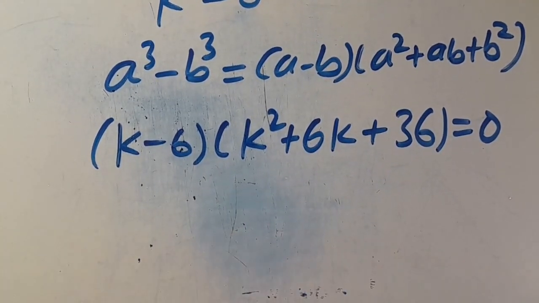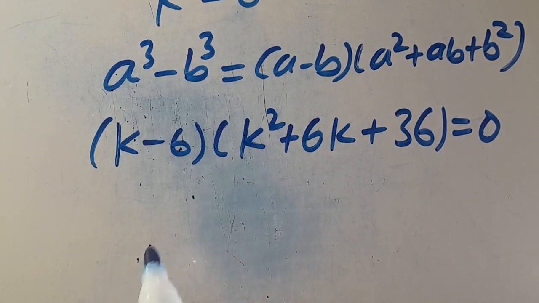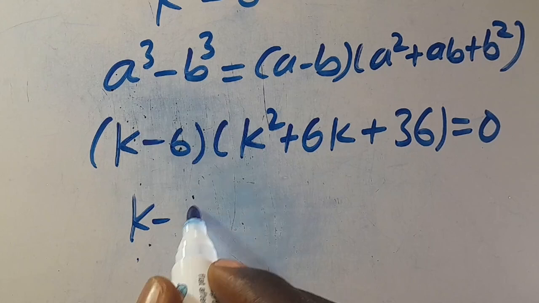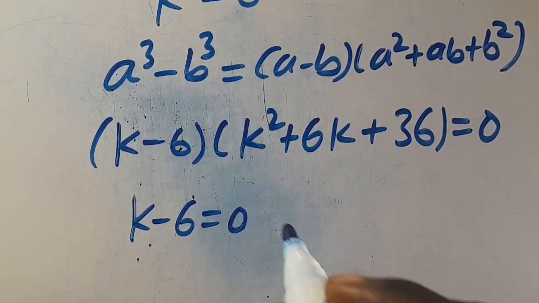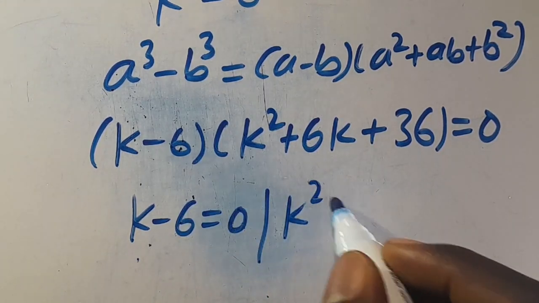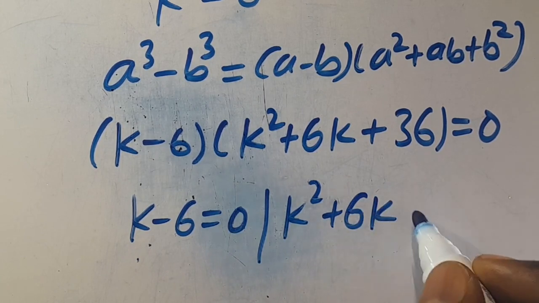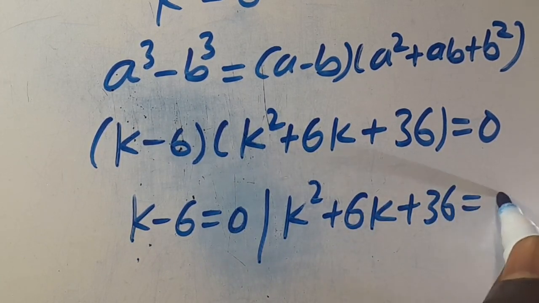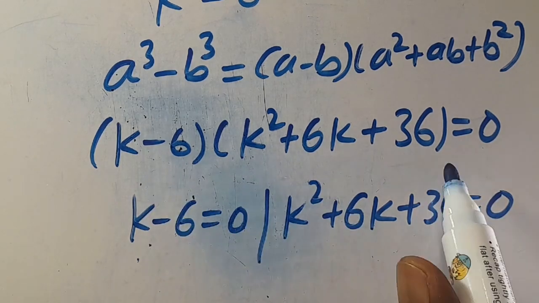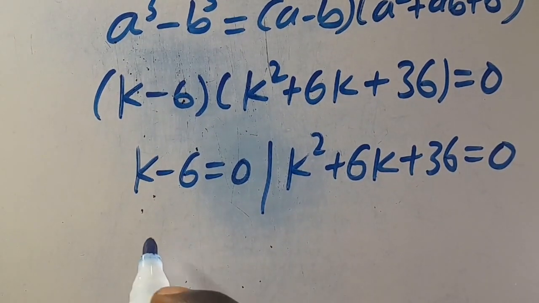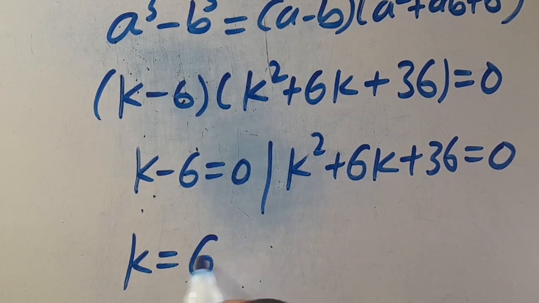From here, either we have k minus 6 equals 0, or we have k squared plus 6k plus 36 equals 0. For the first expression, we have another solution, k equals 6.